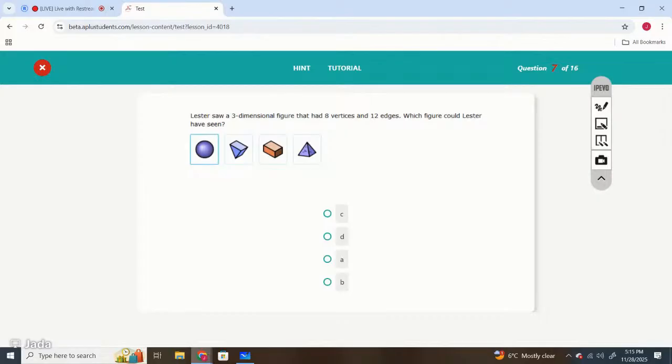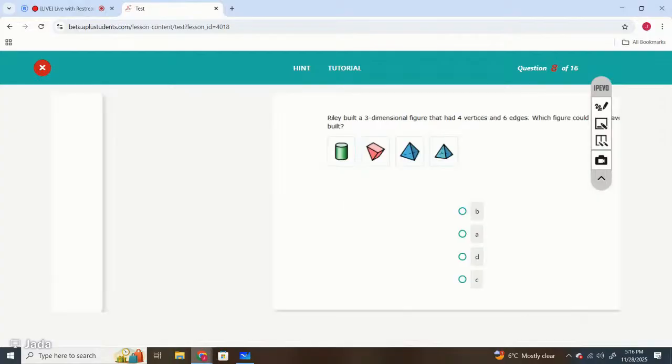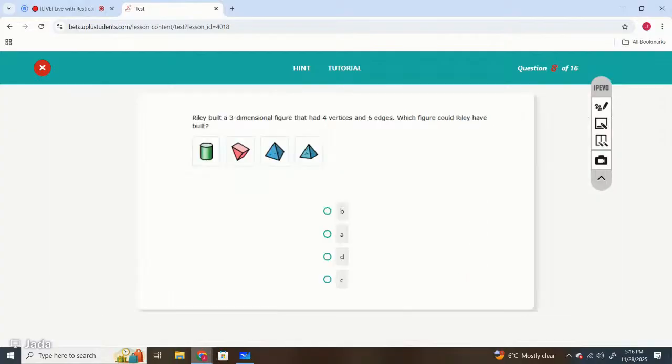Lester saw a three-dimensional figure that has 8 vertices and 12 edges. Which figure could Lester have seen? Option number C is the correct option. Rayleigh built a three-dimensional figure that has 4 vertices and 6 edges.